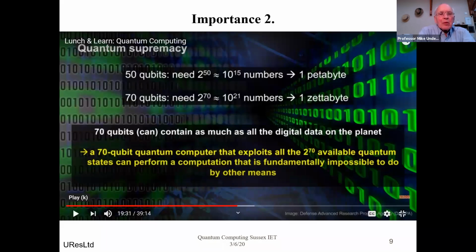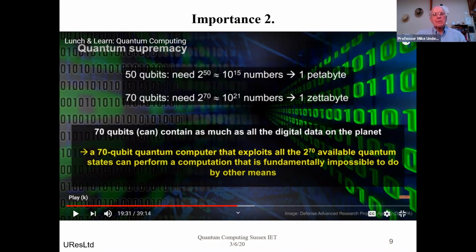Now, where are we at the moment? There is another interesting thing called quantum supremacy. It's the point at which you can say that quantum computers are fundamentally better than ordinary computers.